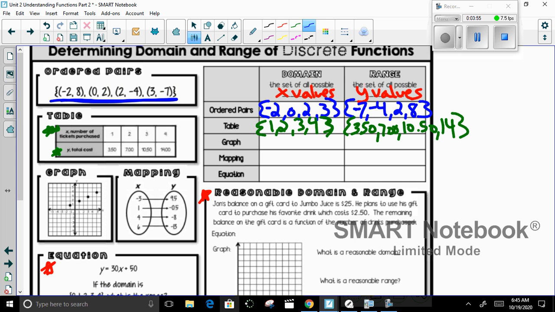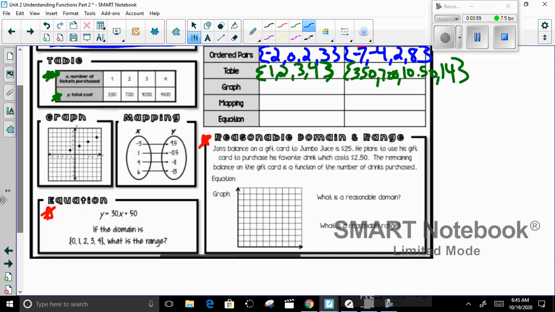All right, when we're looking at our graph, remember I always tell you to make sure you know what the ordered pairs actually are. The first ordered pair is (-1, 1). The second ordered pair is (1, 2). The third is (3, 3).